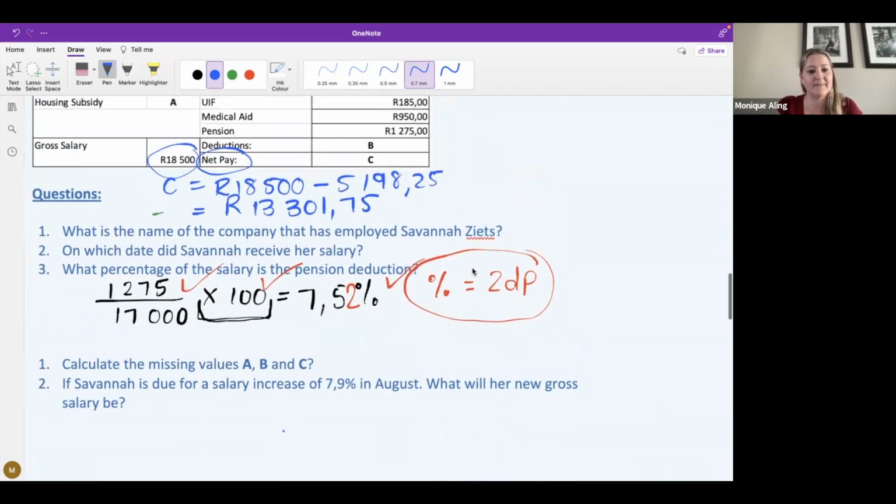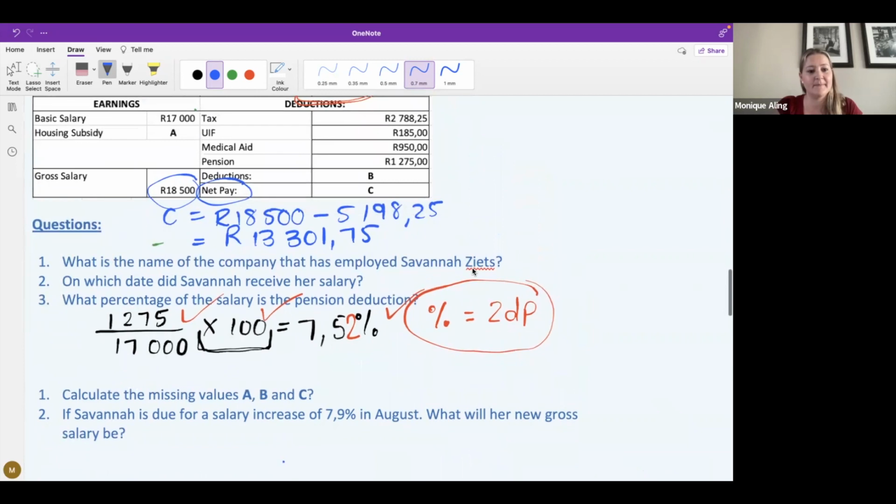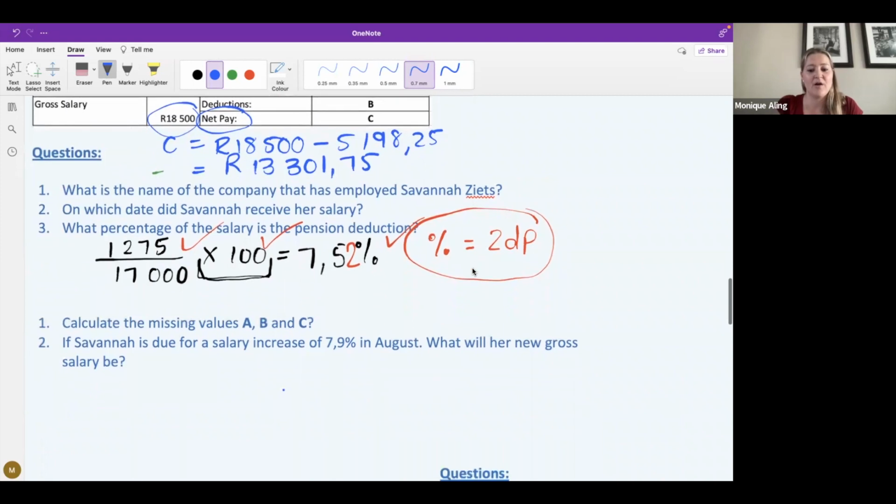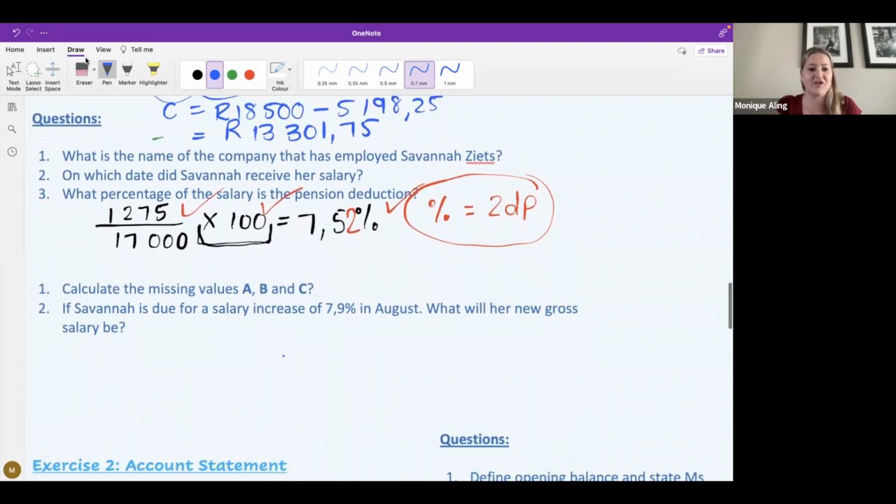It does. Okay, apologies. It is actually meant to say basic salary. Just fix that. Sorry. Thanks for picking that up, Siwa.